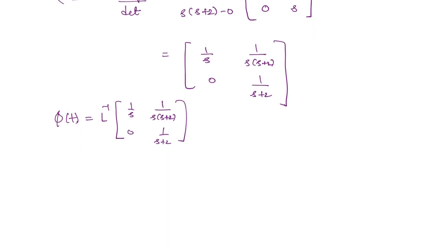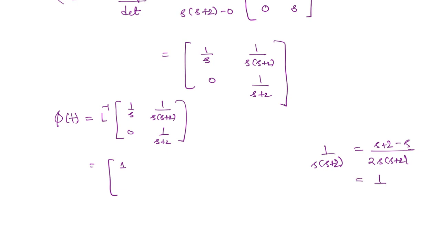So here 1 by s gives 1. 1 by s into (s+2) you can write as ((s+2) minus s) by 2s(s+2). You can verify this; it is an easy method of dividing into partial fractions. So what are you going to get here?